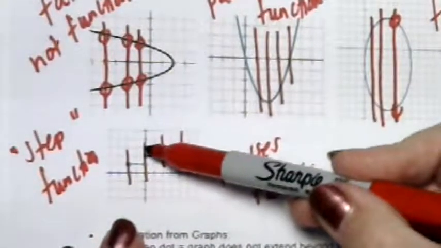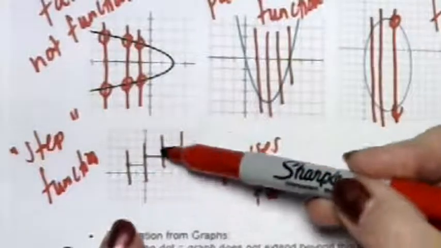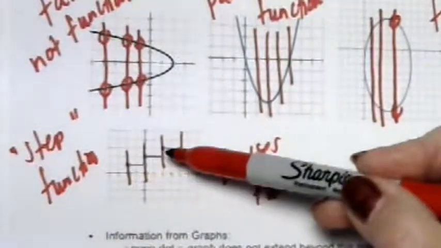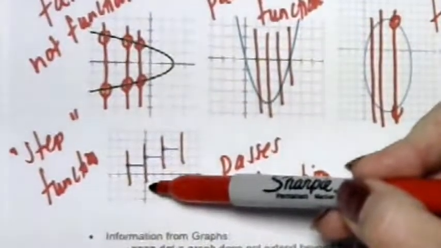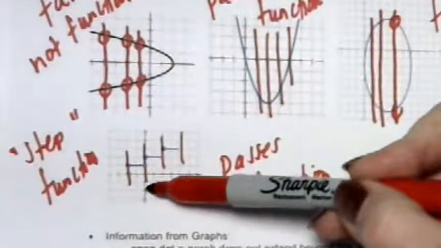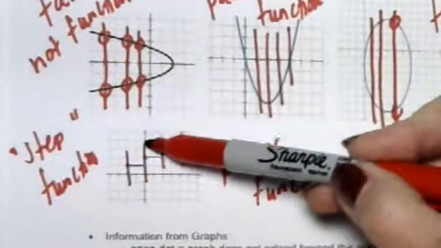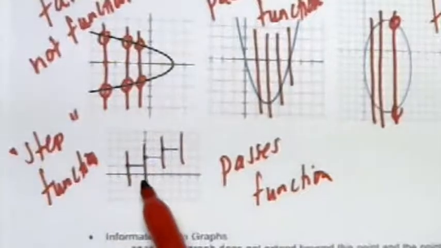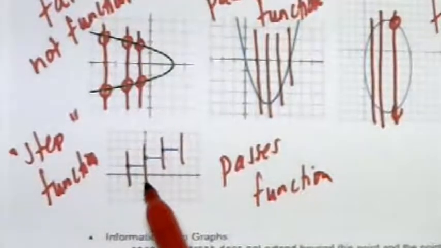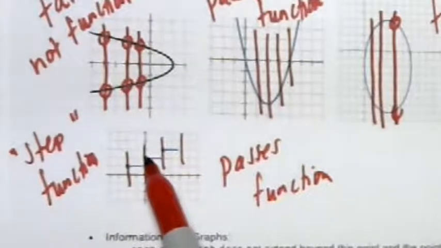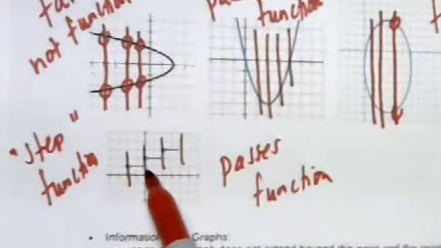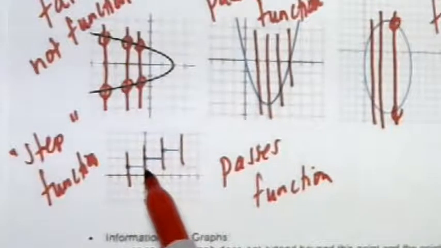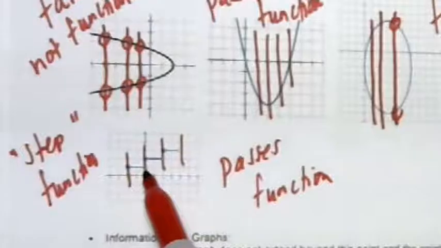When we draw a vertical line, even when we draw it at these 2 points here, while on first inspection, you might think, well, it fails because it does go through 2 values. If we look carefully, we can see that when x is 0, the y value is only 2 here. This value of y being 1 is not included in our graph because it is an open circle.